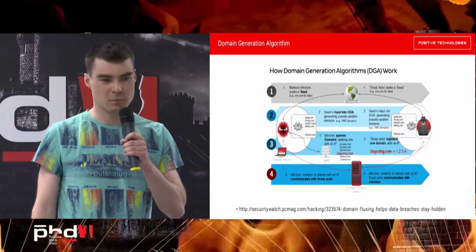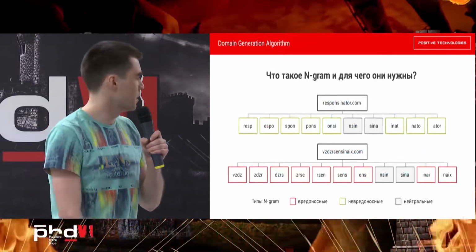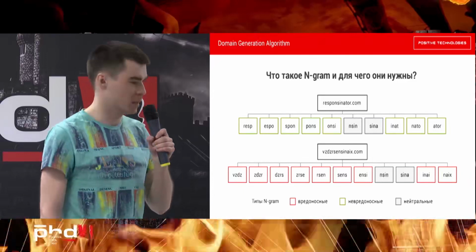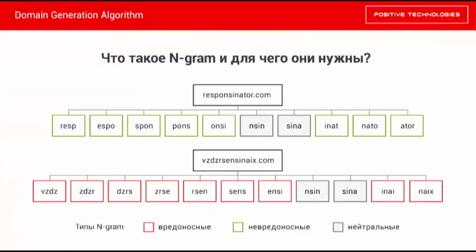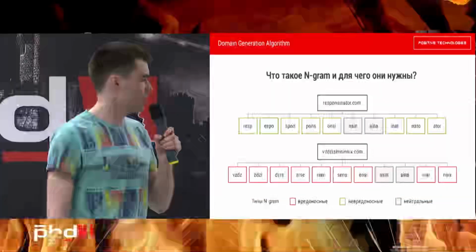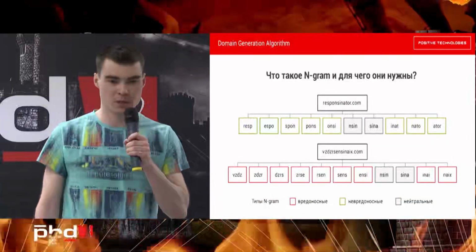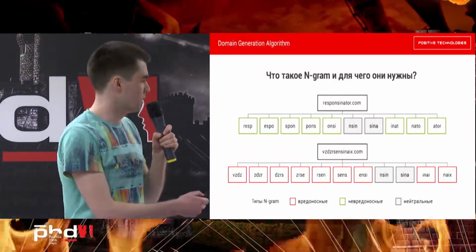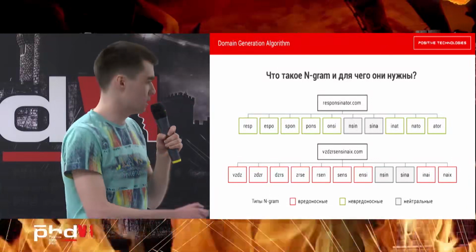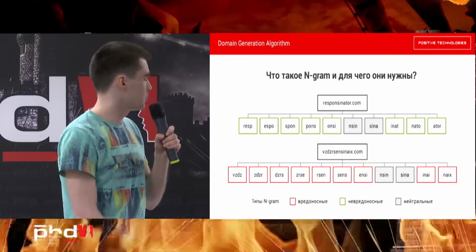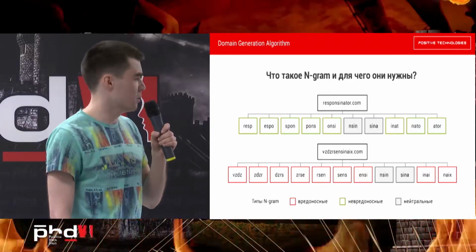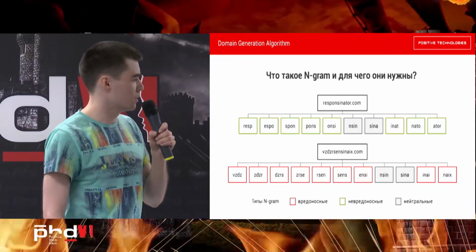We decided to use the n-gram method to attack this problem. Let me quickly explain what an n-gram is. N-gram is a key phenomenon here. By n-gram we refer to a sequence of symbols of particular length. You'll see here two different domains.